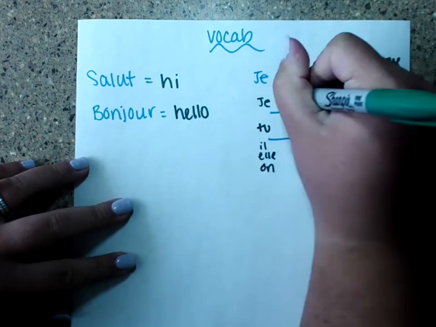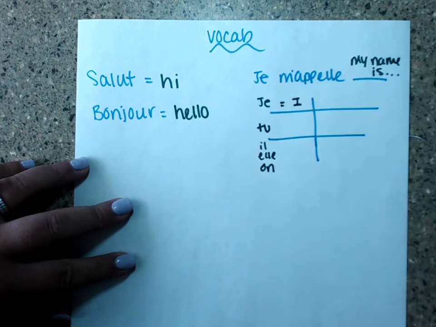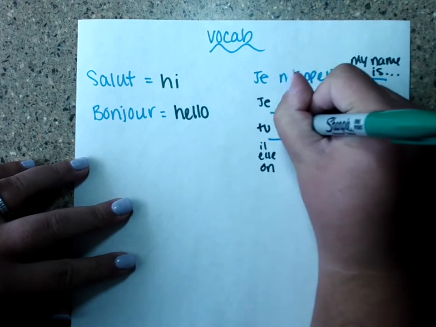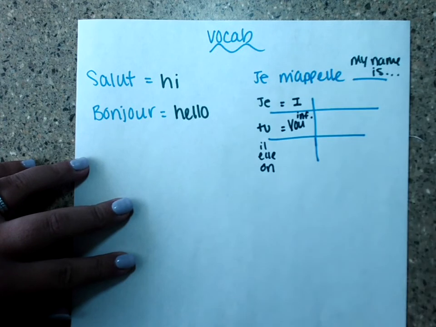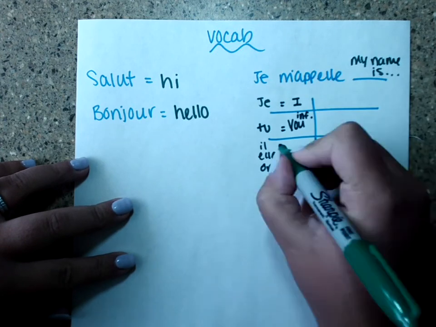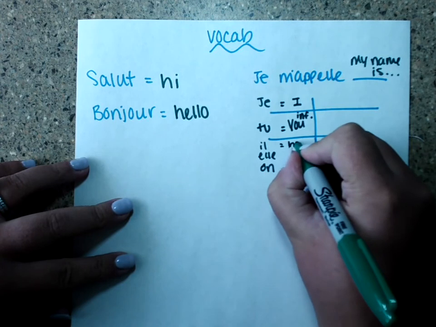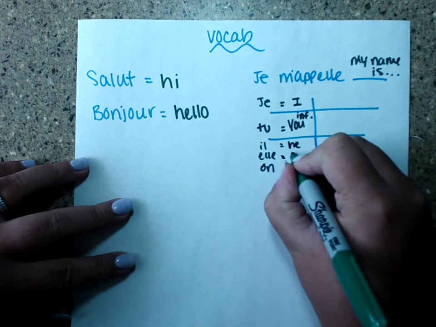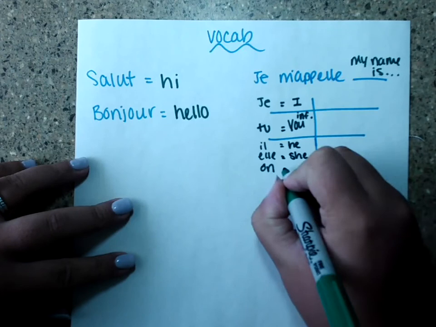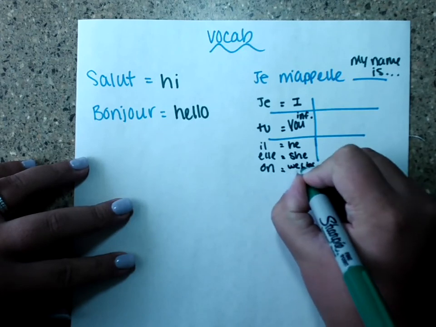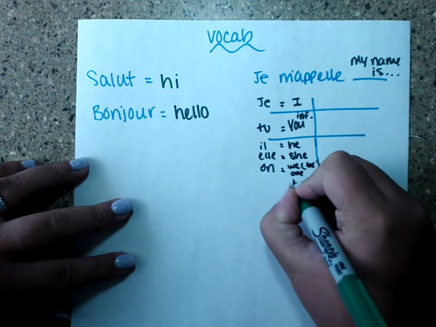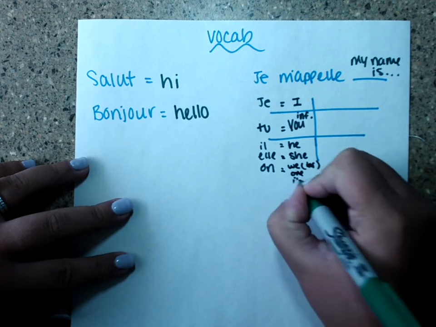So je meant I, tu meant you, informal. I'm going to just write INF because I'm running out of space. Il meant he, elle was she, and on is we, informal, one, or it.